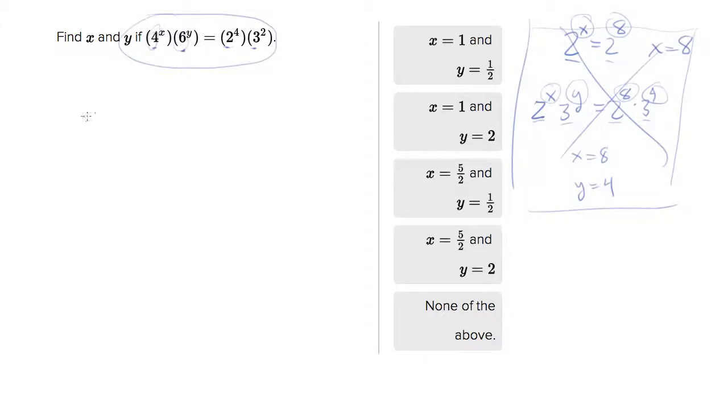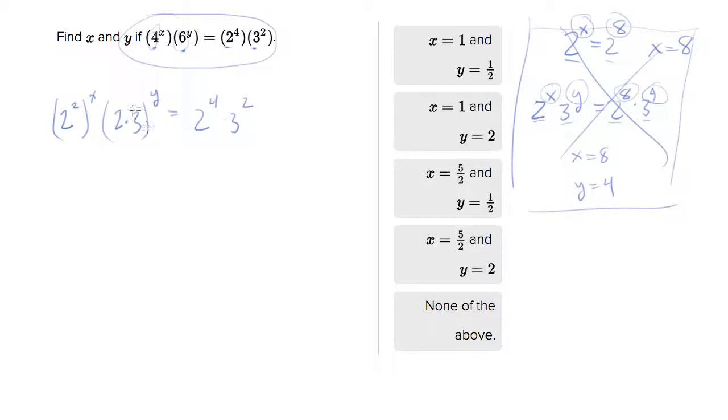So 4 to the x is the same as, well, 4 is the same as 2 squared, right? So let's convert that into 2 squared to the x. 6 is the same as 2 times 3, right? So that's 2 times 3 to the y equals 2 to the 4th times 3 squared.